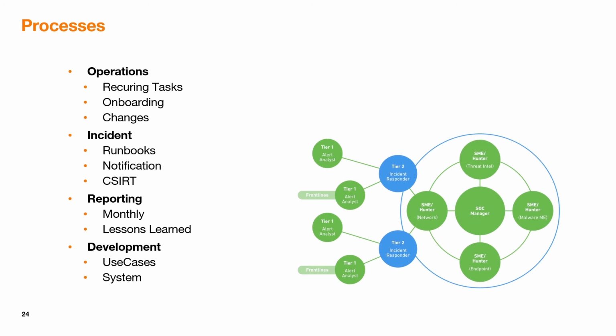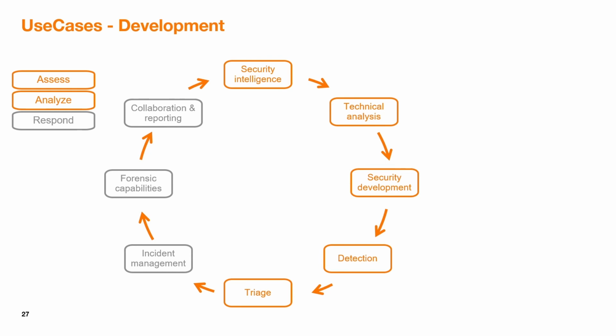So the processes can be sorted in operational processes, incident processes, including the runbooks and so on, reporting, and even the development of use cases should be described in processes, because the fourth dimension are the use cases, and the use cases have to be developed and have to be placed into a life cycle, starting with a reason for a use case.